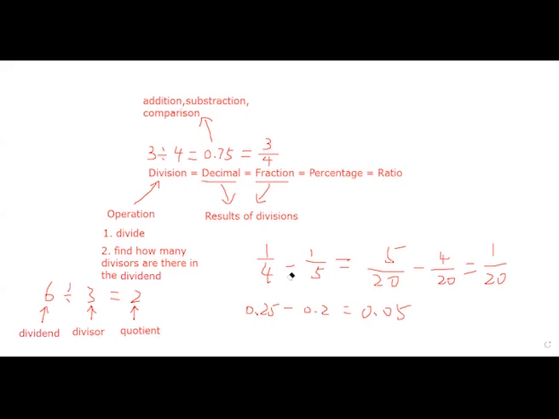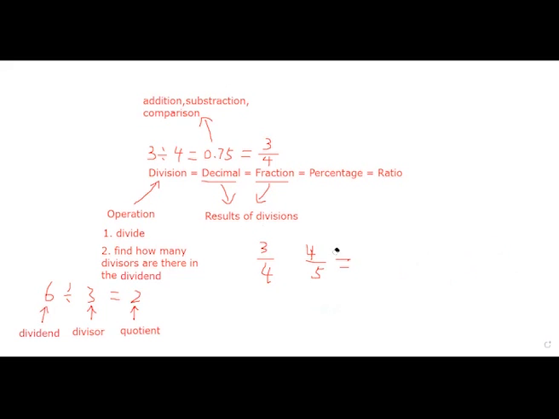For comparisons, this is easy as well, okay? To compare these two, it's pretty easy because we have the same numerator. But what if we have different numerators? Let's say 4 over 3 and then 4 over 5. How do you compare these two? It's not easy, right?